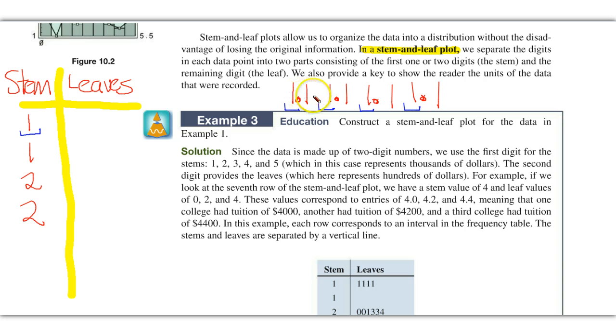And then what comes after it, after the decimal point, this part, and I'll change color here to green, a leaf. And there are 4 ones. So that's where you get this from your stem and leaf plot.